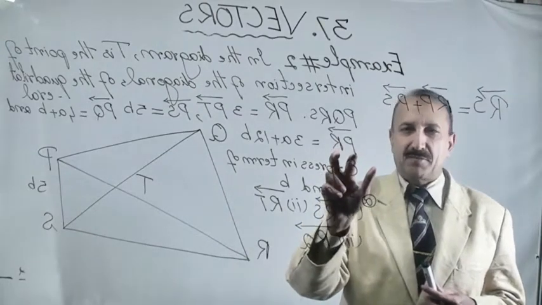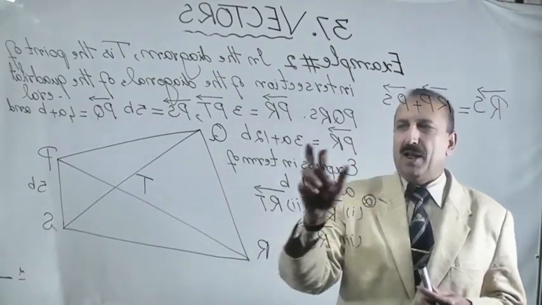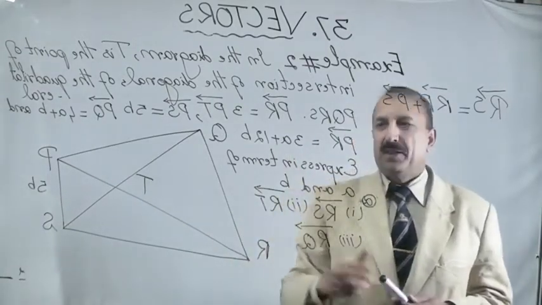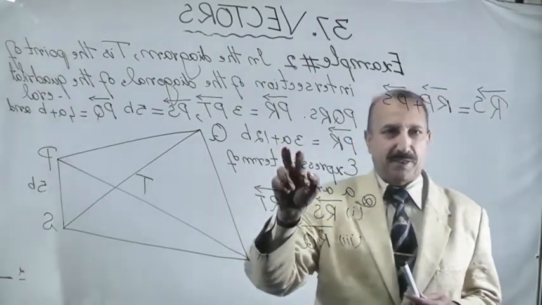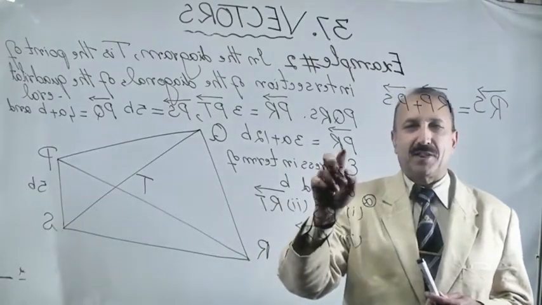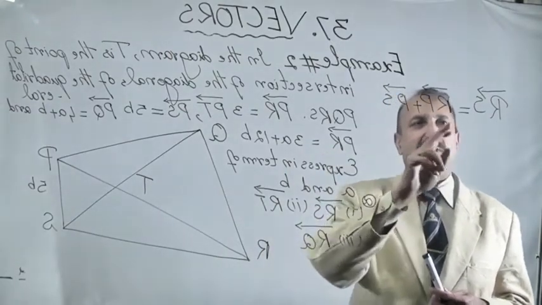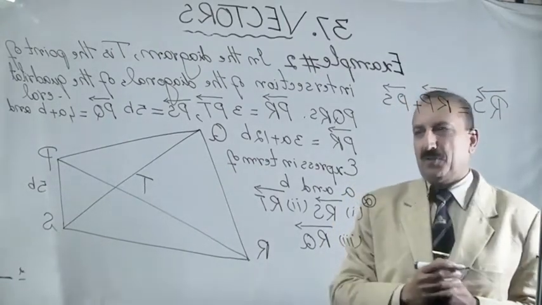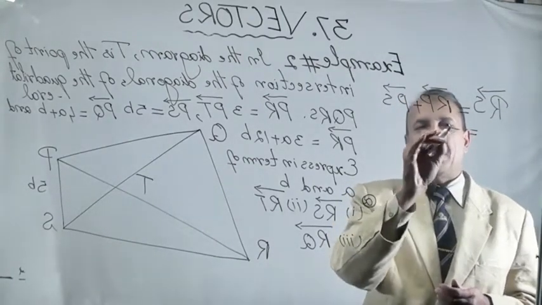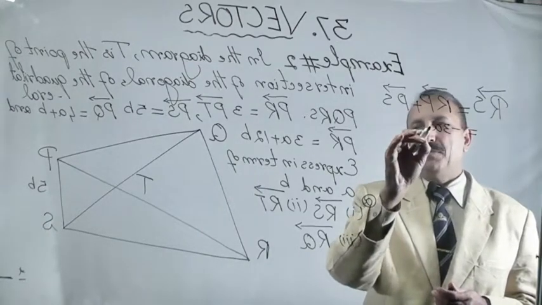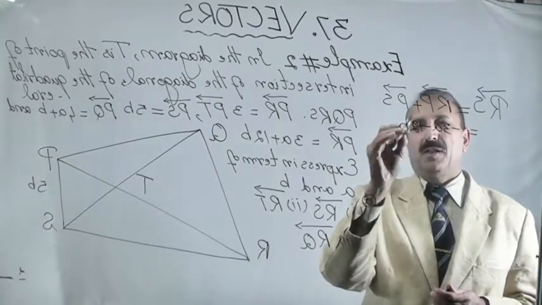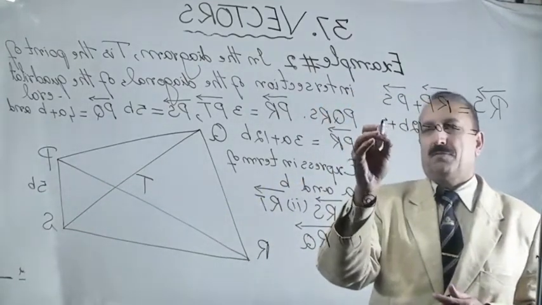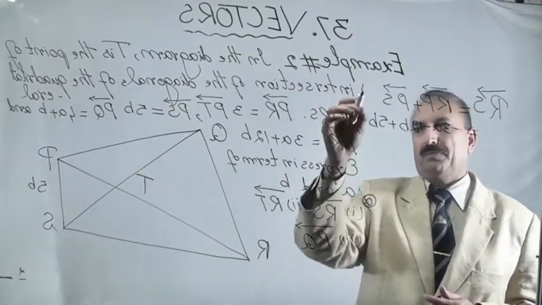When we multiply by the negative sign, it will become RP, and the signs of both terms will change. So let's substitute these values, and we will get minus 3A minus 12B, and PS is 5B here, plus 5B.